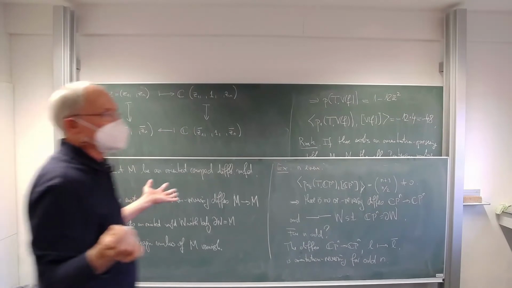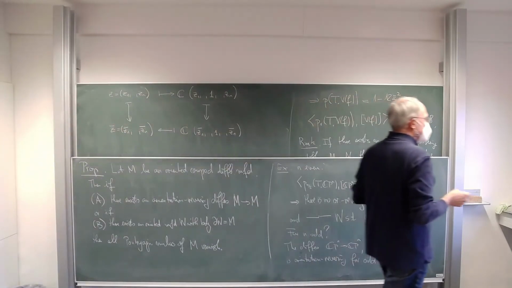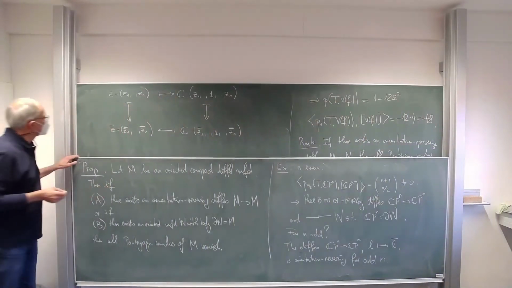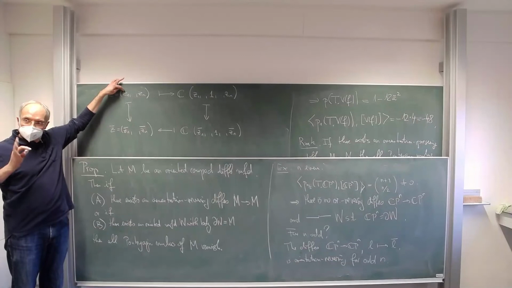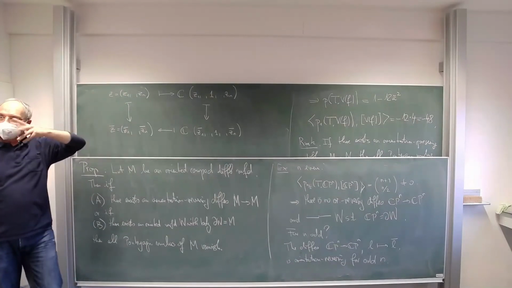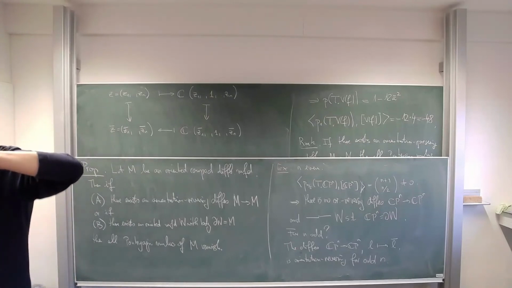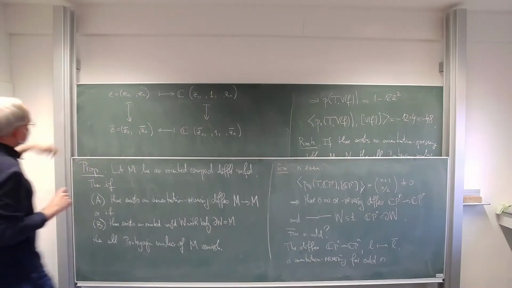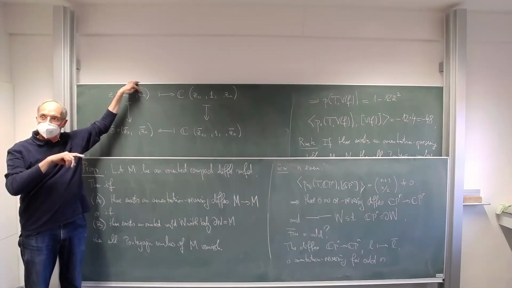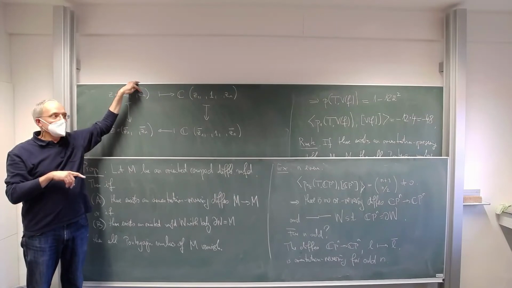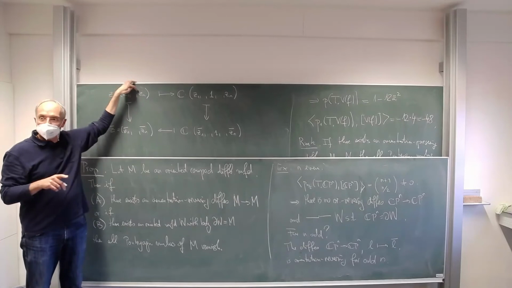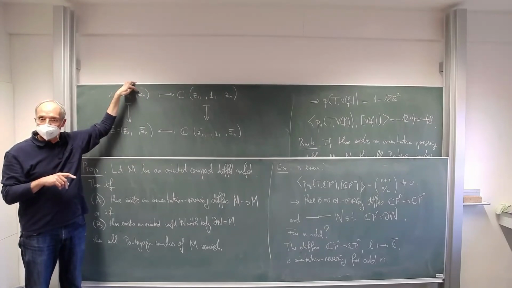I mean, what else should it be? So it's just conjugation. And now, what does this do to the orientation? Well, in each complex line, which is a real plane, conjugation is orientation reversal. Right? It's reflection about the real axis. And so if I have n complex lines, this consists of n orientation flips. So if n is odd, this is really orientation reversing, whereas if n is even, the orientation is preserved.